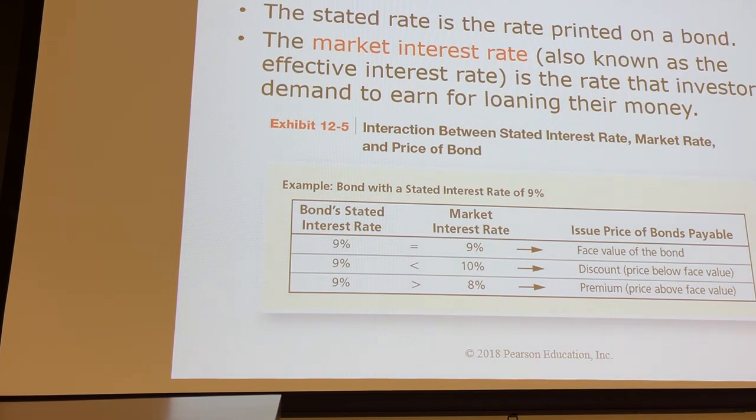Now, if the bond's stated rate of interest is 9% and the market rate of interest is 8%, then this particular bond is going to be very attractive to investors, and the price of it is going to be bid up. So investors may be willing to pay $1,100 for this bond, therefore it will be trading at a premium.